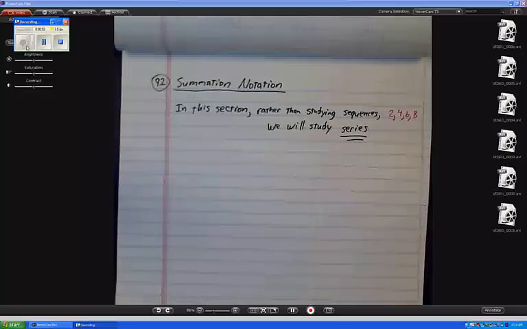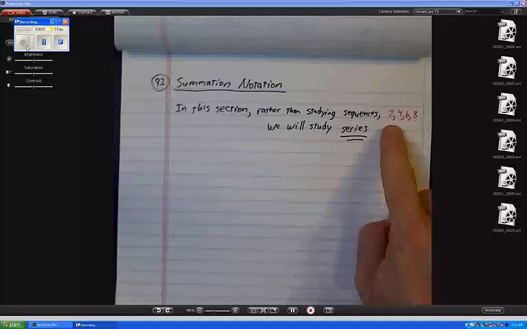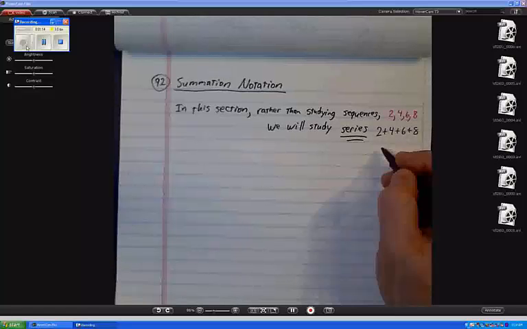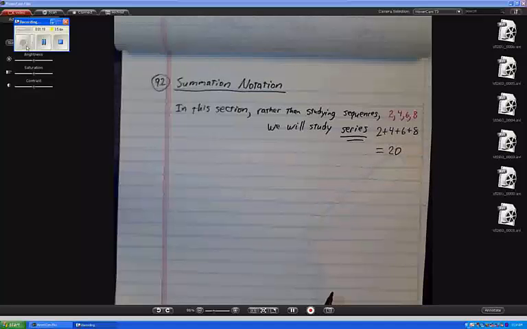Basically, you can turn a sequence into a series by replacing the commas with plus signs. 2 plus 4 plus 6 plus 8 equals what? Well, it equals 20. Okay?